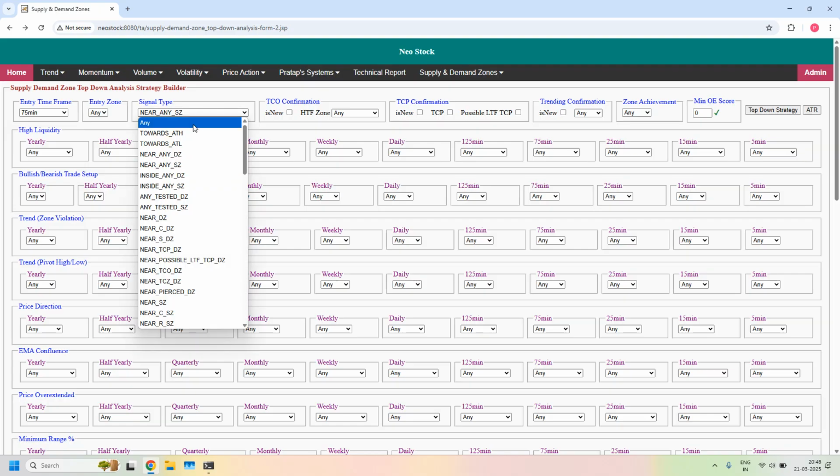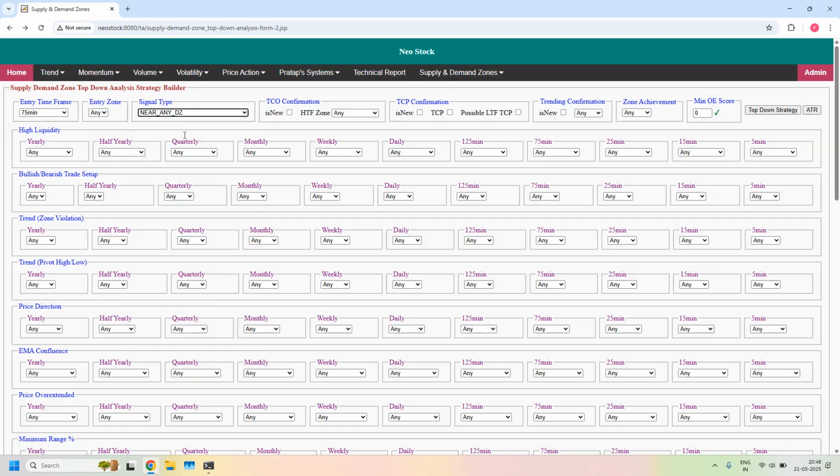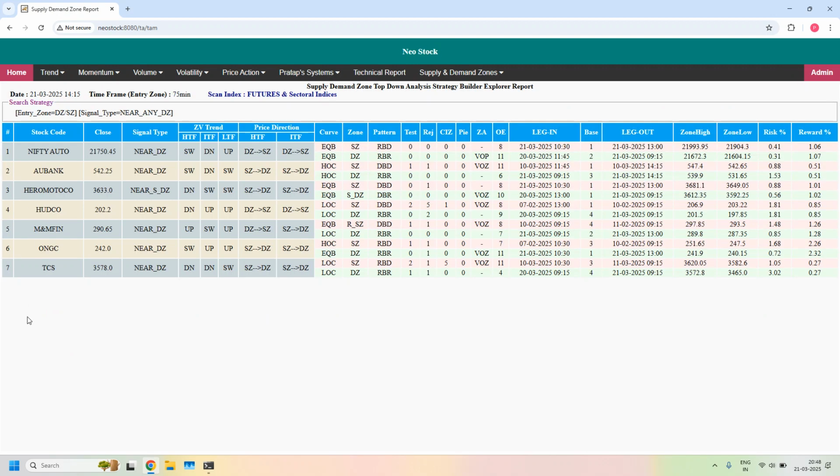Let us find the stocks near to the 75 minutes demand zone. We got 7 stocks. Let us identify high liquidity 75 minutes demand zones from this list. Hero Motors is having a 75 minutes high liquidity demand zone. That's it.